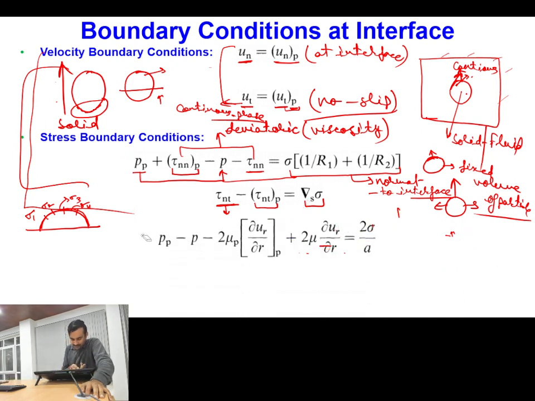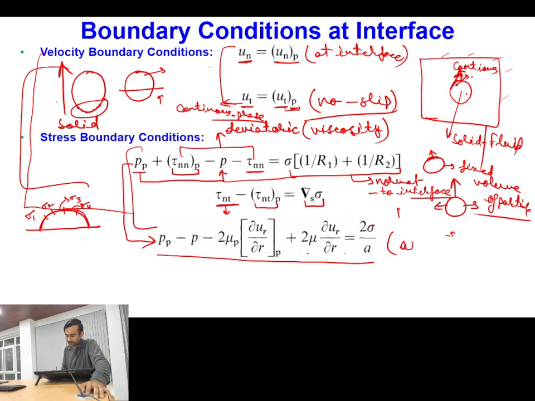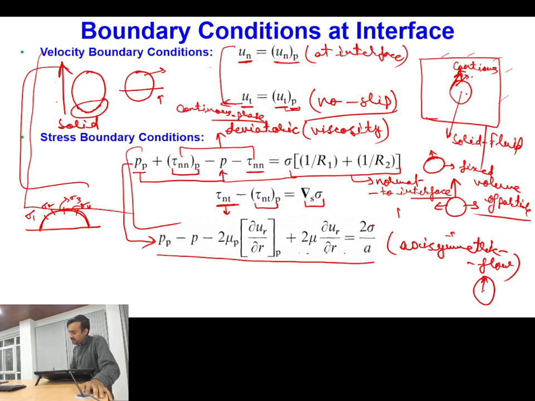So this is a typical representation of an extension of this particular first equation, and this extension is presented for an axisymmetric flow situation. So if you have axisymmetric flow and a spherical particle of radius a, then the right hand side will become 2 sigma by a.